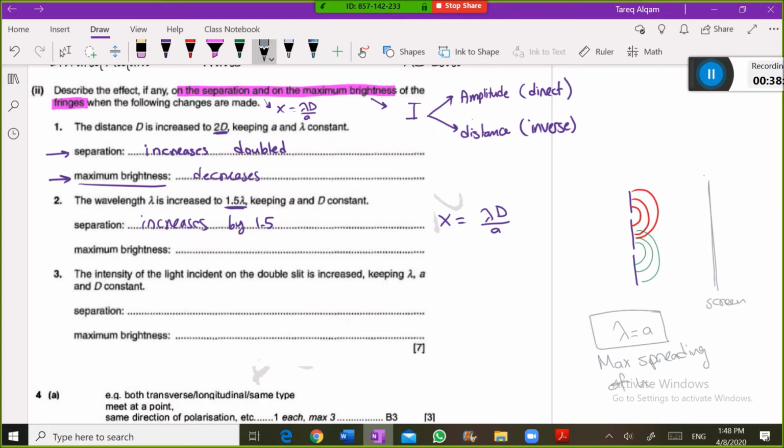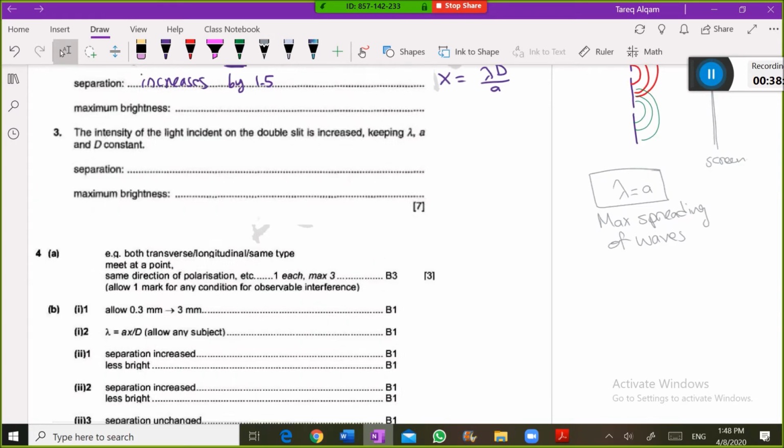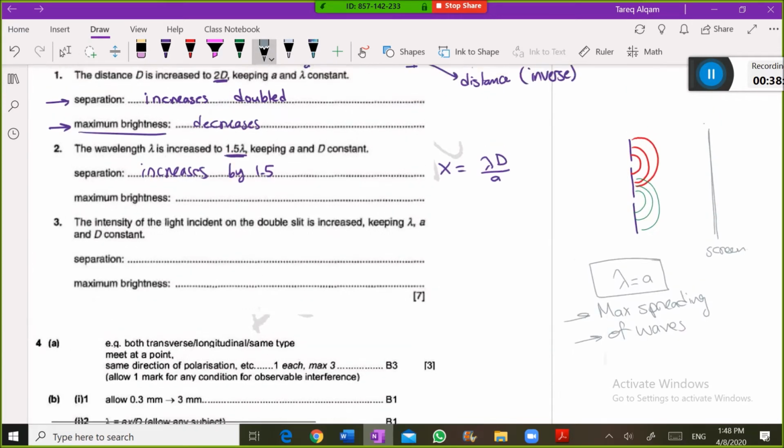Do you remember this? Any question about that, guys? To have maximum spreading of the waves, because the more the waves spread, the more waves will reach here.